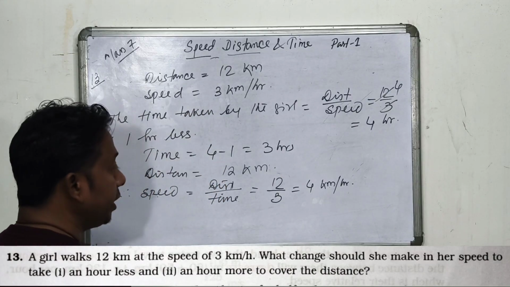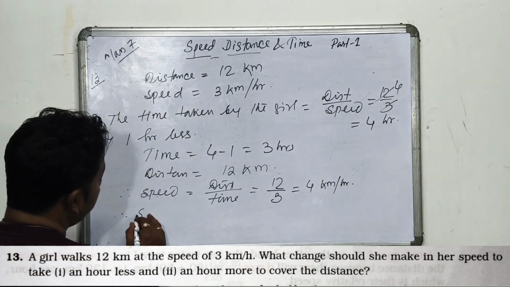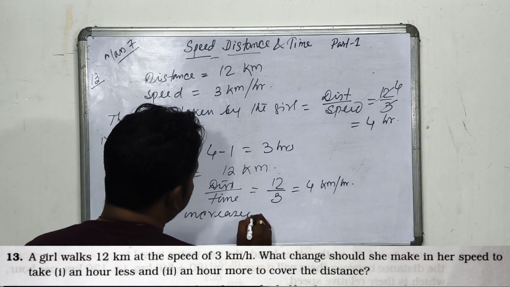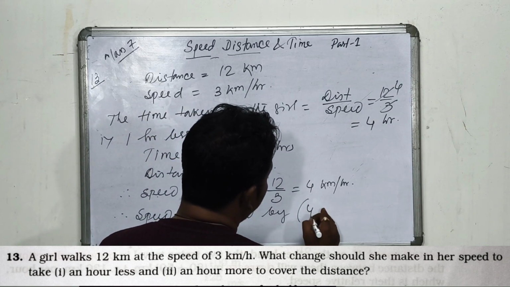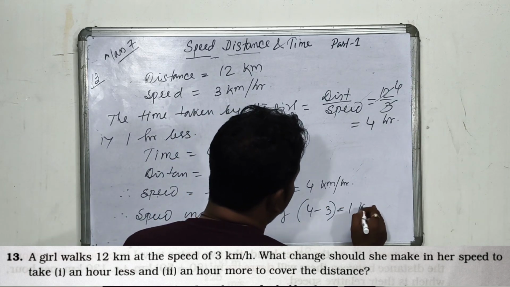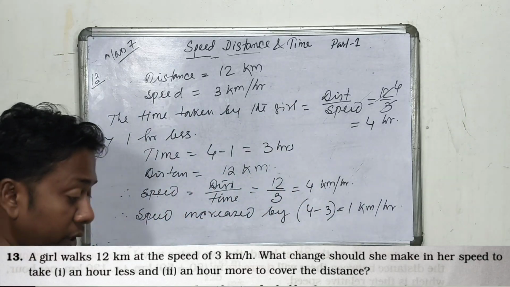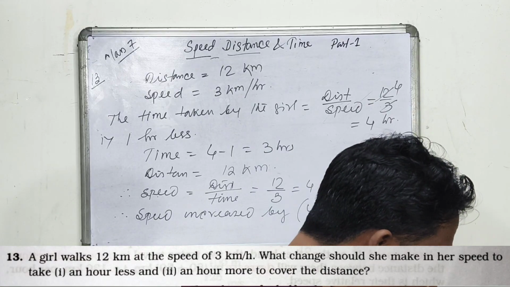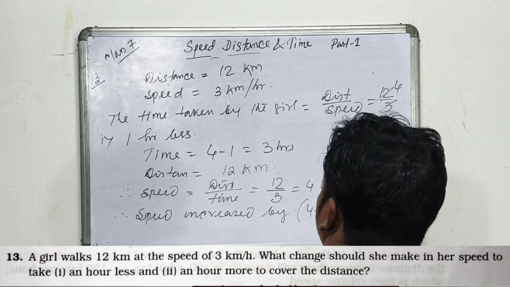That means it is increased by 1 km per hour. How do we get the 1? That is 4 minus 3, 1 km per hour. Clear? First question completed. Now the second question: an hour more to cover the distance.